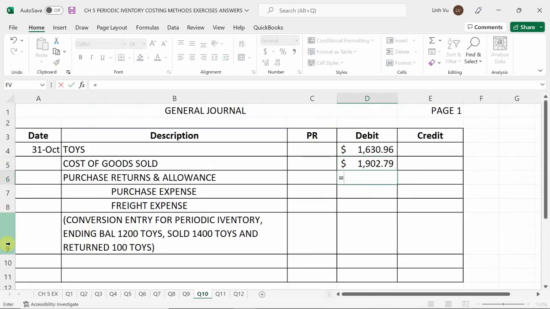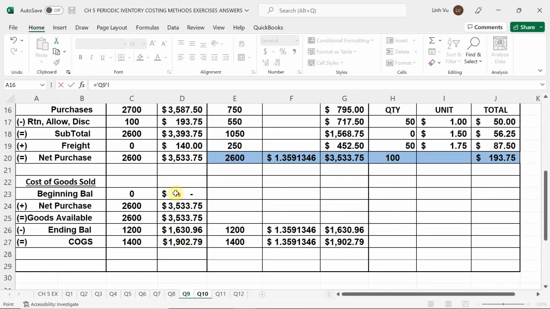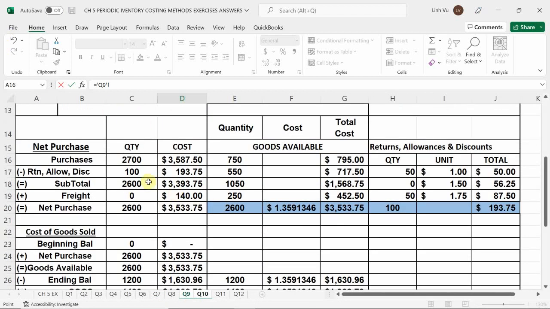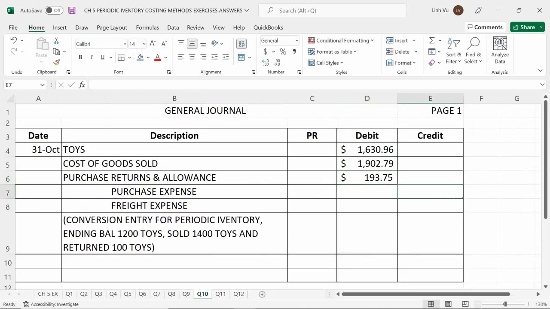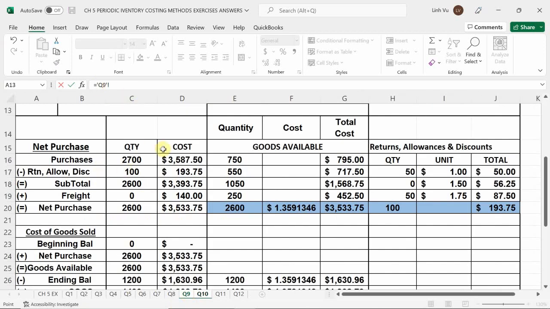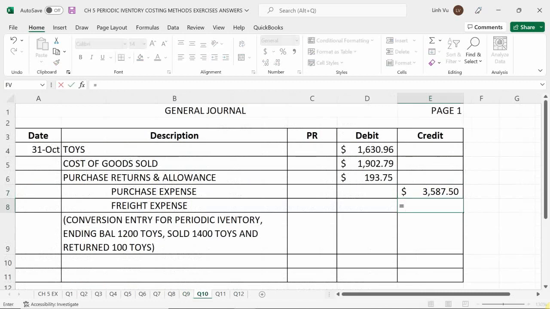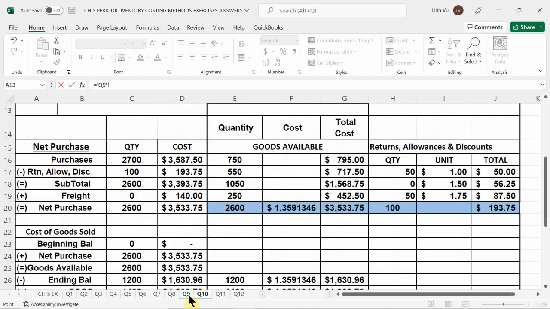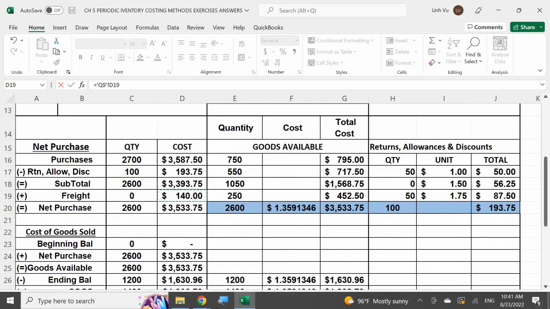What was the total value of my returns and allowances? $193.75. What was the value of my total purchase price? $3,587.50. Good. And what was the total value of my freight? $140. And no beginning inventory.